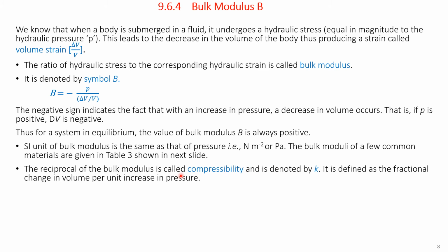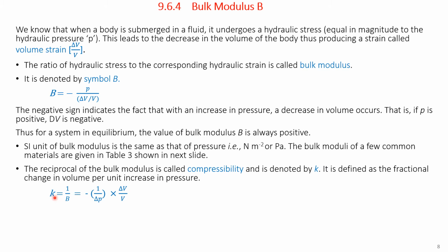The reciprocal of bulk modulus is called compressibility, and compressibility is denoted by the letter small k. It is defined as the fractional change in volume per unit increase in pressure.